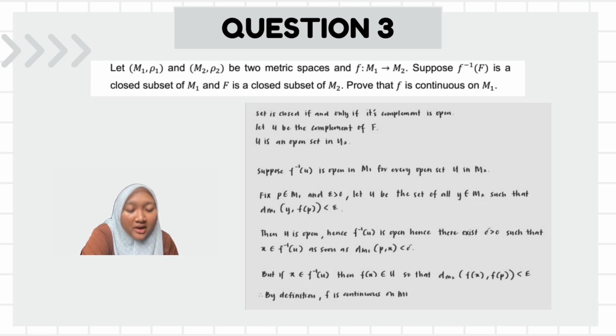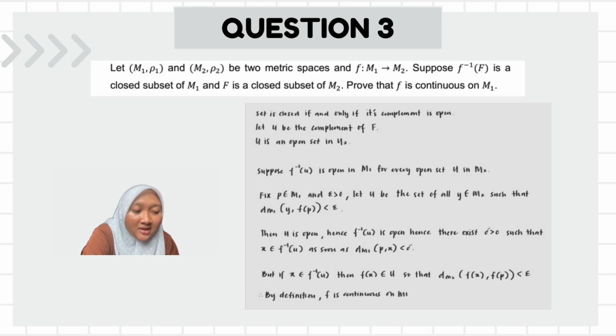So we suppose that the preimage of U under f is open in M1 for every open set U in M2. So we fix p in M1 and epsilon greater than 0. We let U be the set of all y in M2 such that rho 2 of y and f(p) is less than epsilon. Then U is open, hence the preimage of U under f is open.